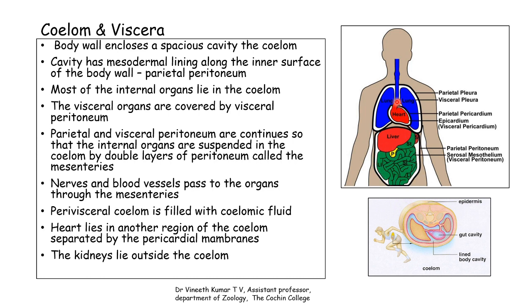But when you come to the heart and lungs, you can see the lungs have the normal parietal peritoneum and visceral peritoneum, but the heart has its own separate peritoneum, and that separate peritoneum of the heart is called the pericardium. So the heart is suspended in a special layer of membrane of the coelom, called the pericardium.